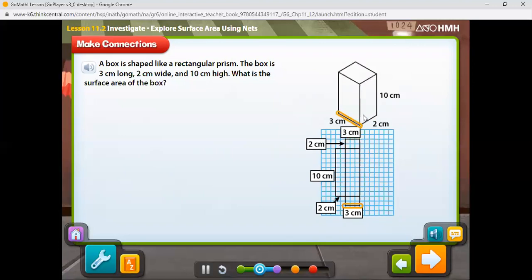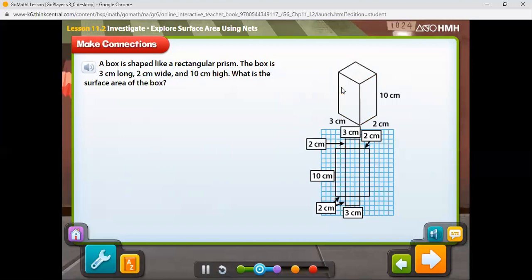So it's also 3 centimeters long and 2 centimeters wide. How about this face of the box? It's the same as the rectangle on this side. So it's also 2 centimeters wide and 10 centimeters high.